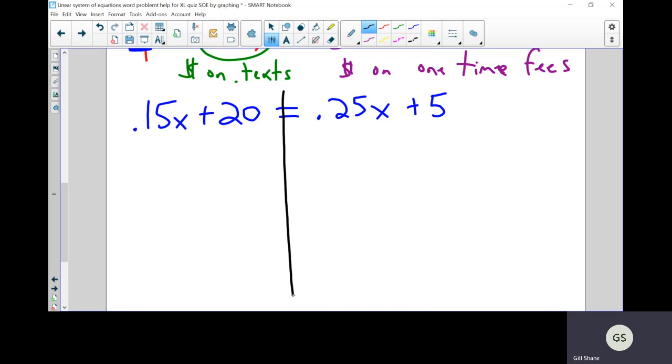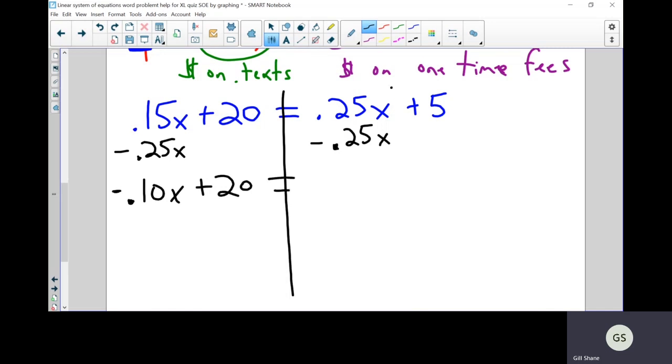I'm going to move variables to the left, so I would subtract 0.25x, which means I have to subtract 0.25x over here. So that gives me negative 0.10x plus 20 equals, that all canceled out, so all I have is 5.